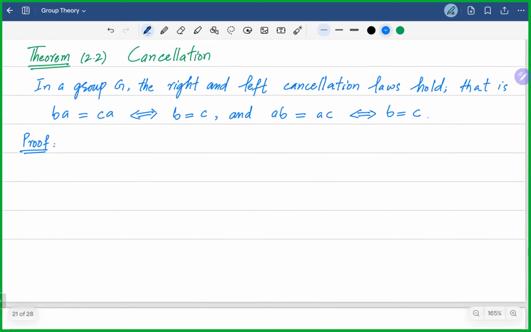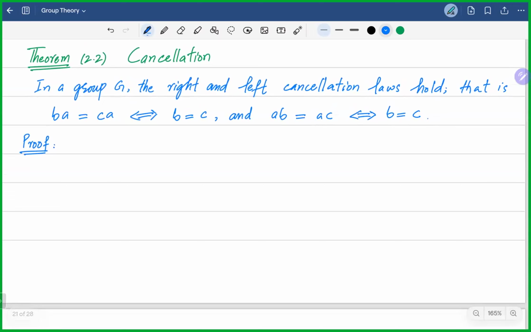And these are very important laws and they give you something unique. So suppose, what can we do to prove it? It's simple. Let's say BA is CA.